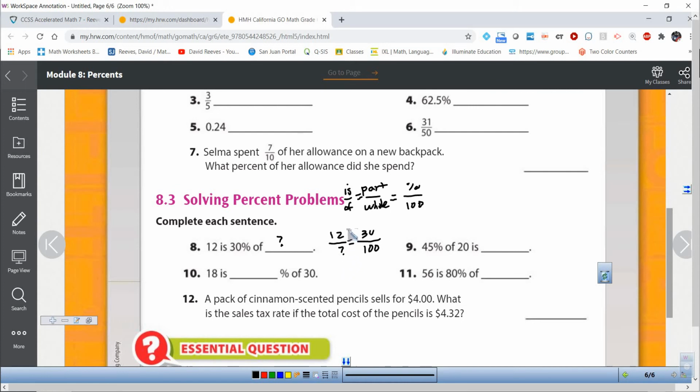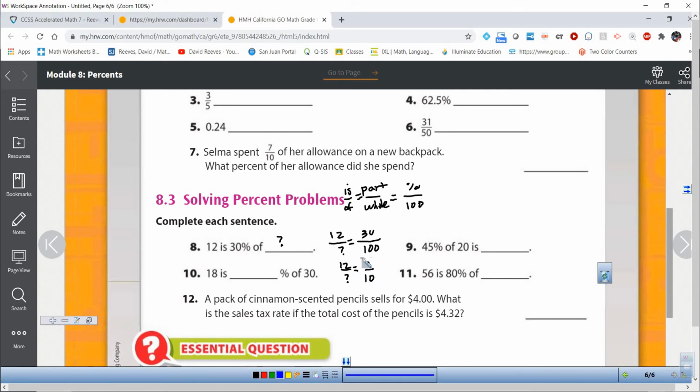Now here's where we would want to say, is there something I could multiply 12 by to get to 30? And of course, it does not go evenly, but the great thing is many times these fractions will simplify down, and this one is no exception. 30 over 100 simplifies to 3/10. So my new thing I'm trying to solve is 12 over what is 3 over 10.